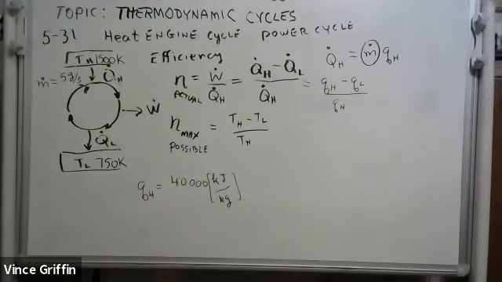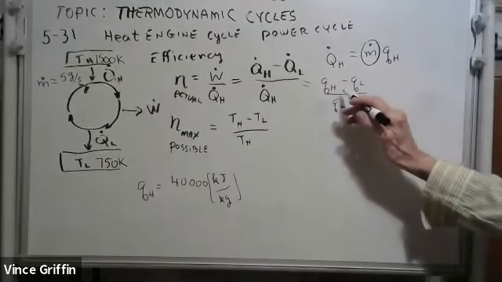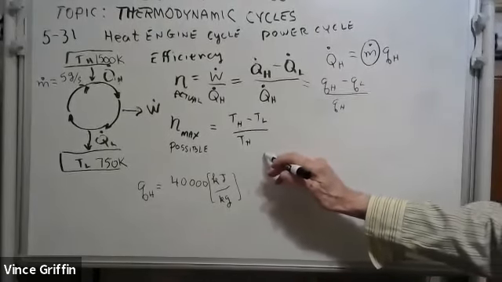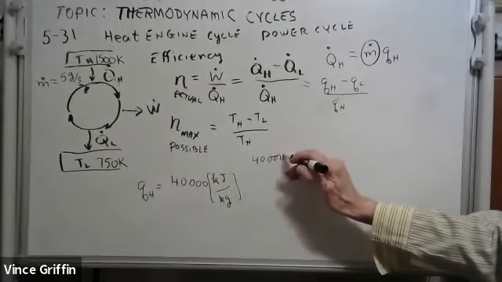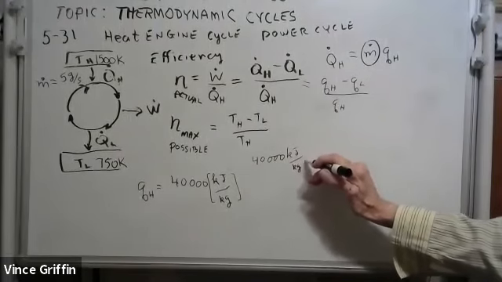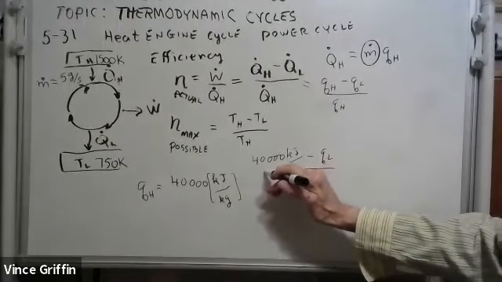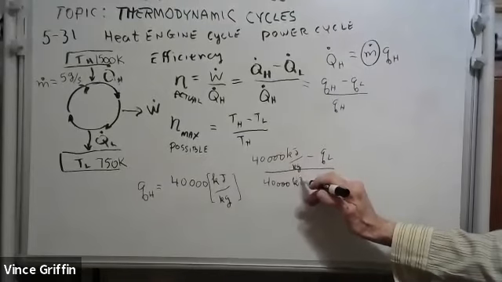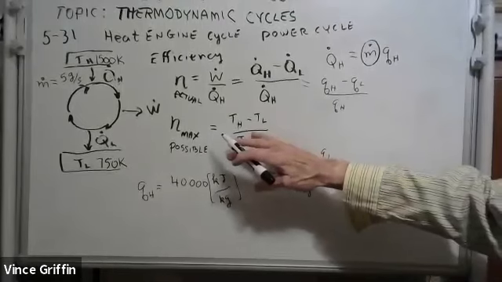And what we're going to do is set these equal. We know what this is. This is 40,000 kilojoules per kilogram minus qL over 40,000 kilojoules per kilogram, and we're going to set it equal to this. And we know this.